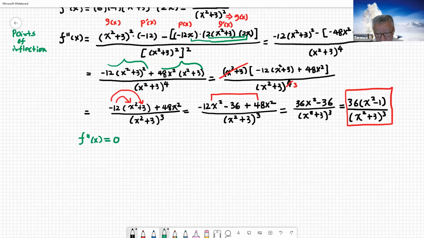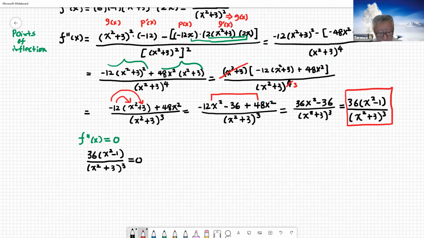So we're going to make this f double prime that we got, 36 times (x squared minus 1) divided by (x squared plus 3) to the cube, equal to 0.